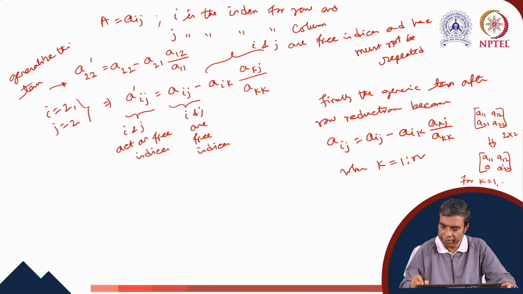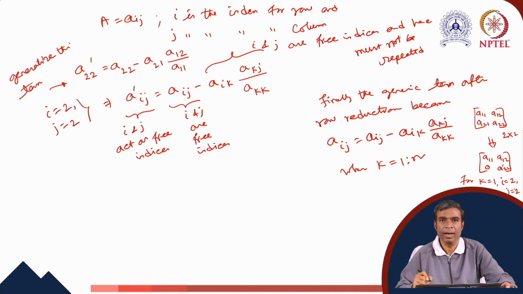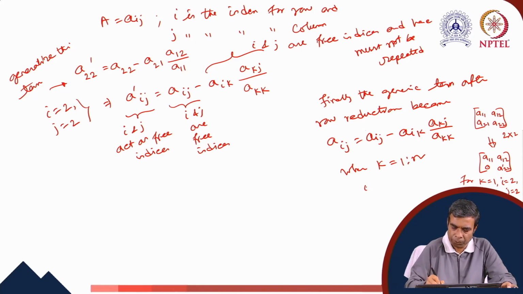So in that case, i equals 2 and j equals 2. So i is k plus 1, and here since our order is 2, it is remaining as k plus 1, and j is also 2 for the A dash 22 term. Because of that, the index i varies from k plus 1 up to the last row, and j varies from k plus 1 up to the last column.